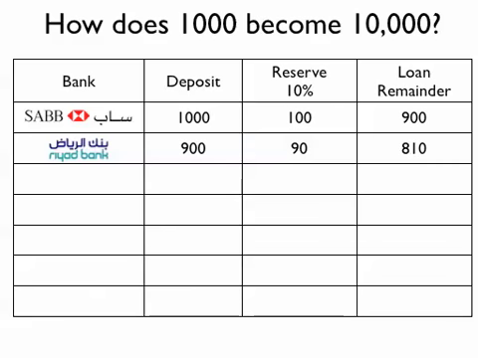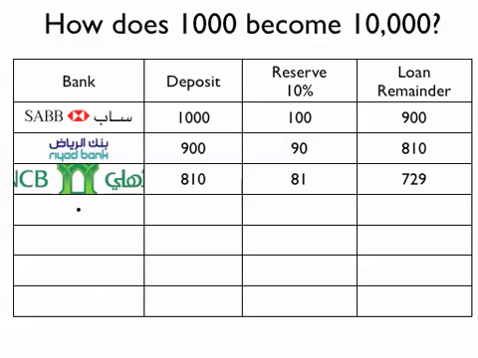So if they lent that out and the borrower then purchased an item, and then the person that sold the item took the money and deposited it in their bank, and let's call it the third bank here, the NCB bank, they would deposit the 810. The NCB bank would keep 81 to comply with their reserve requirement, so they'd have 729 left.